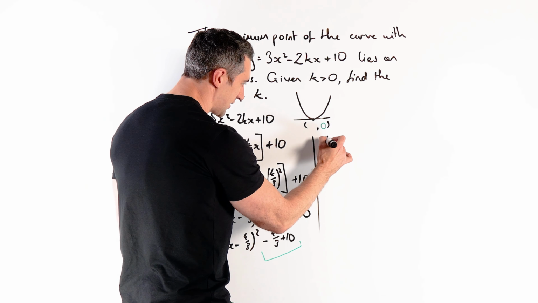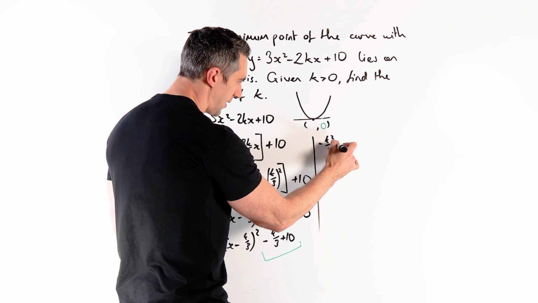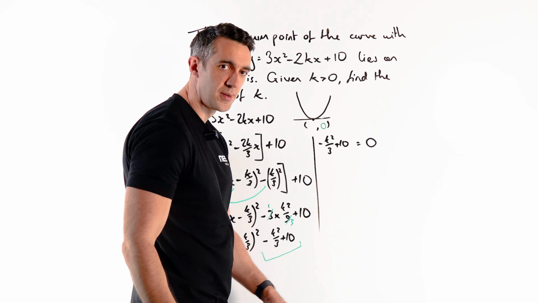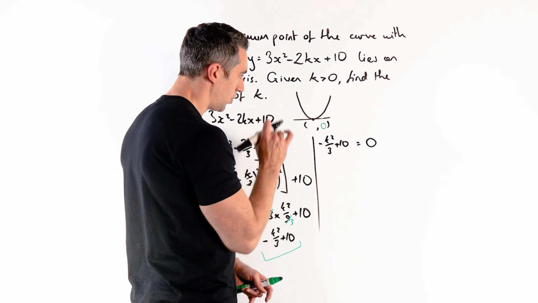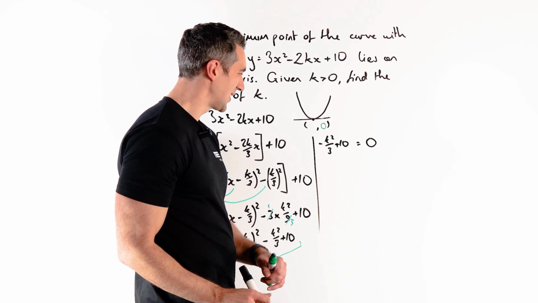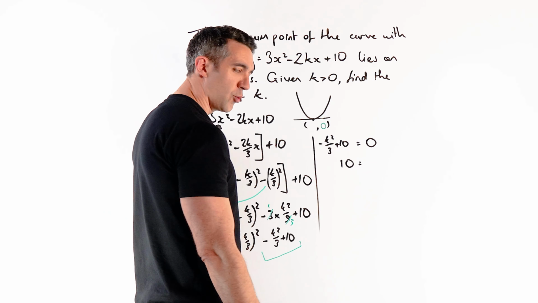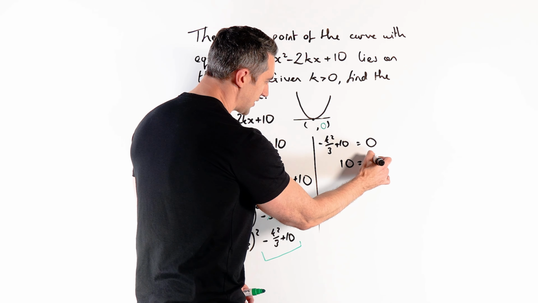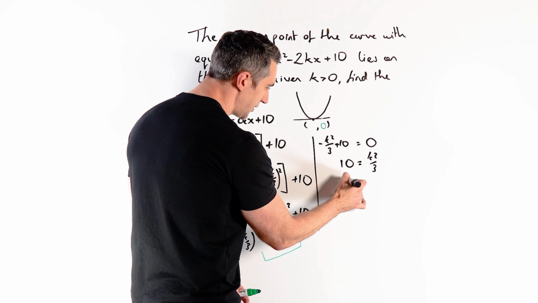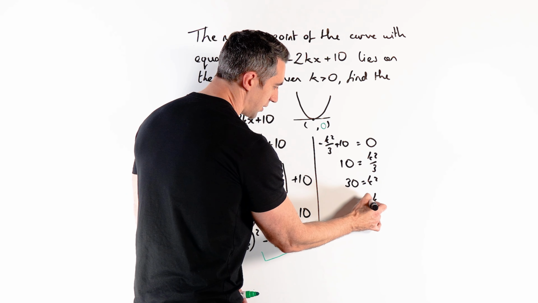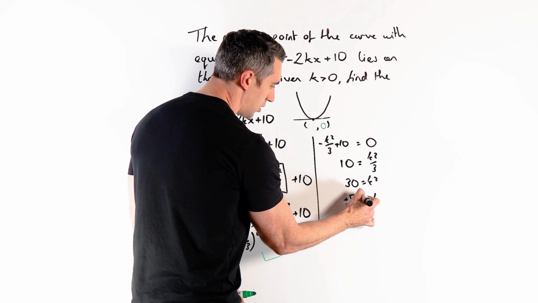Minus k squared over 3 plus 10 needs to equal 0, because that's where I want my y-coordinate to be, on the x-axis. I'm just going to solve that. K squared over 3 equals 10, times it up by 3 and I get k squared equals 30. So k equals plus or minus root 30.